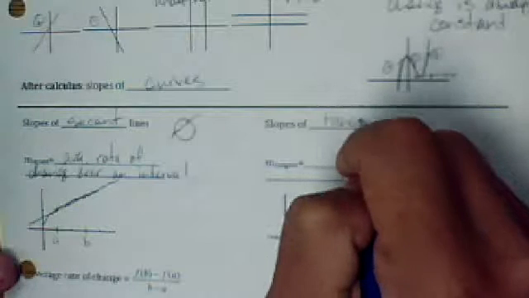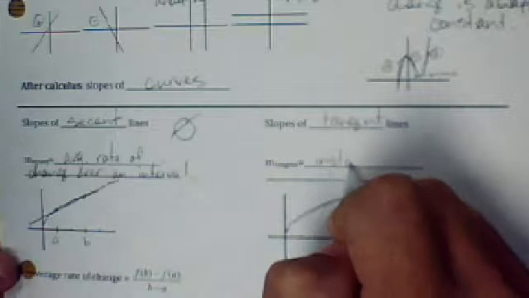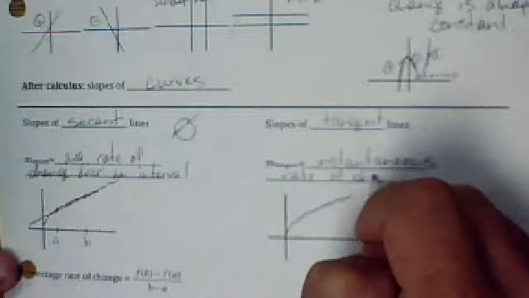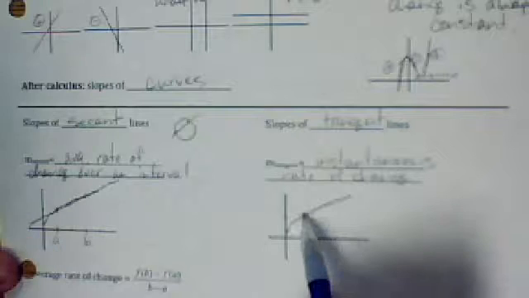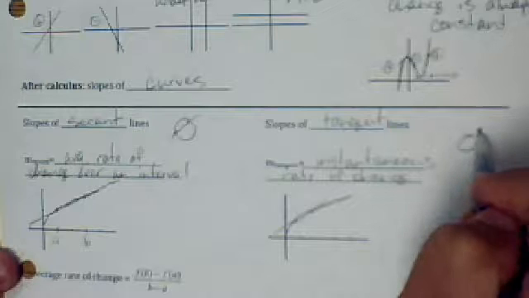We could also find the slope of a tangent, but we're just going to need to know how to do calculus in order to do that. The slope of the tangent gives you the instantaneous rate of change. What that means, at a specific instant, at that point, that tangent line, remember that a tangent line just touches the curve at one point.